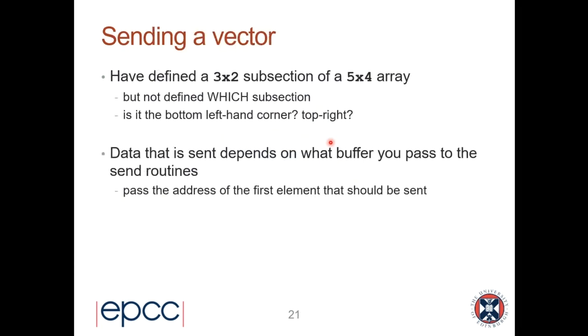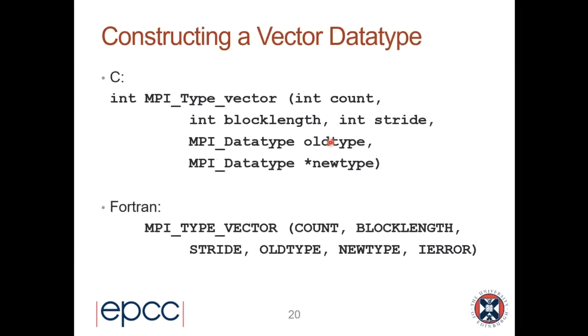Is that clear? We're going to define a new type which corresponds to this repeating pattern of block, gap, block, gap. And that will be useful for directly sending 2D subsections of 2D arrays without multiple sends and without having to do copy in, copy out.